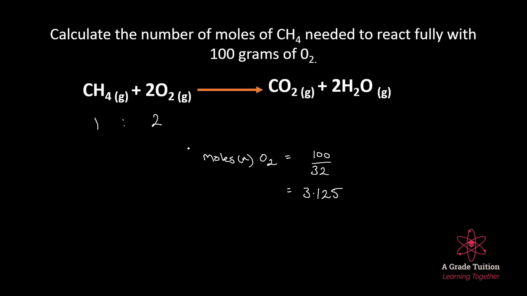But because it's 2-to-1, we've got to divide it by 2 to get the number of moles of methane. So moles of methane is equal to 3.125 divided by 2, and that gives you 1.56 moles.